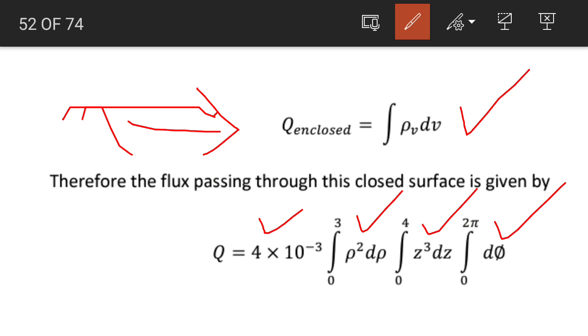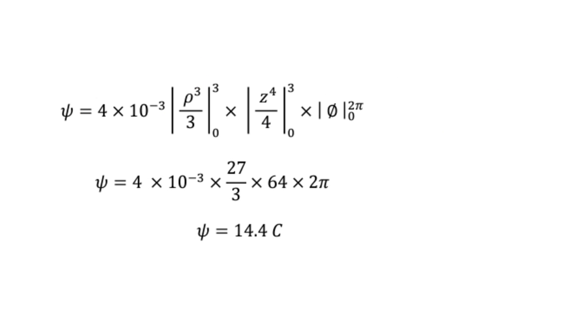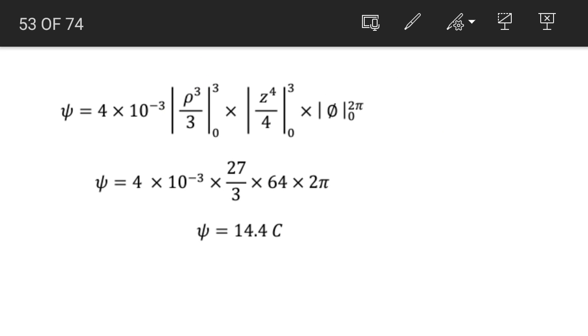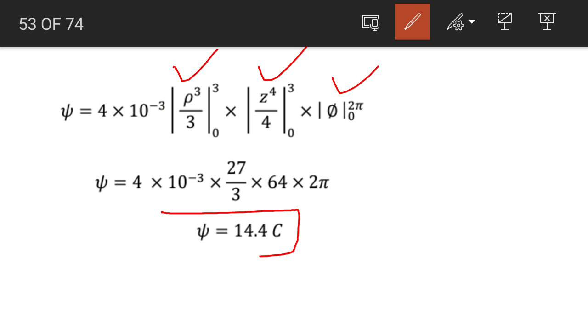So we simplify the right hand side, and the simplification of right hand side gives you 4 into 10 raised to power minus 3 rho cube by 3, z raised to power 4 by 4, and then we have phi. So we put the limits on the right hand side, and the charge enclosed by the cylinder is 14.4 coulomb.